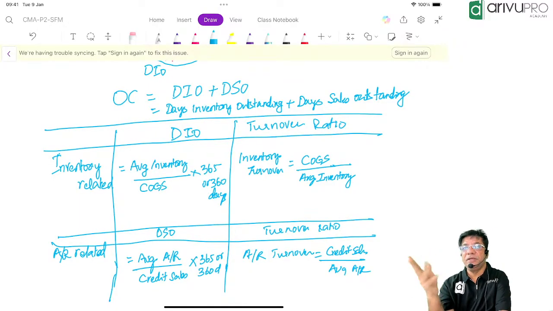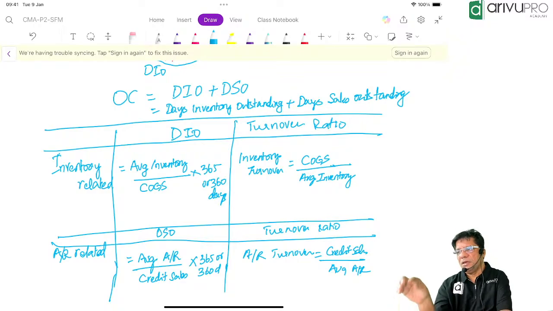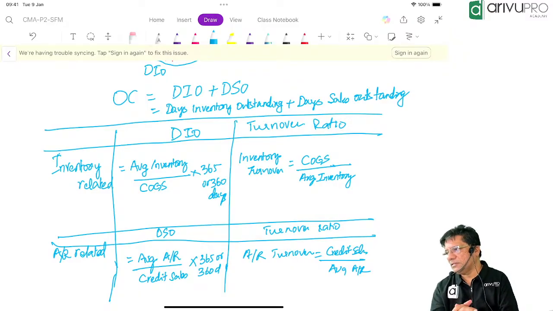Another way to understand the operating cycle is number of times. Here it is days. DIO means days. DSO means days. But when we talk about inventory turnover, how many times is inventory turned over into generating X amount of cost?